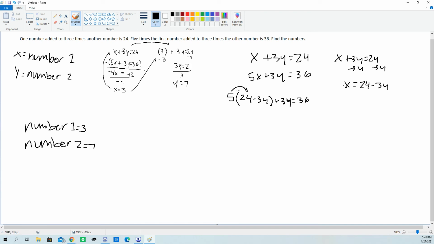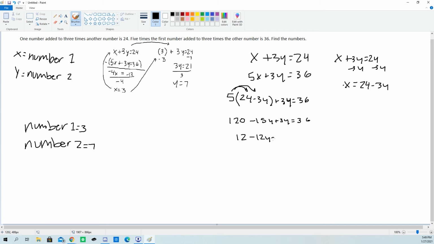So we're going to distribute 5. 5 times 24 equals 120 minus 15y plus 3y equals 36. All right, combine like terms. Negative 15y plus 3y is negative 12y.